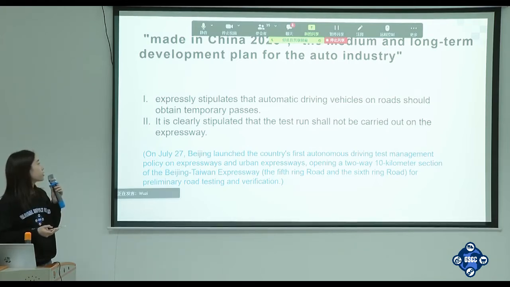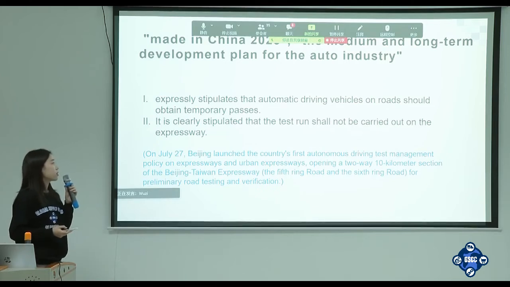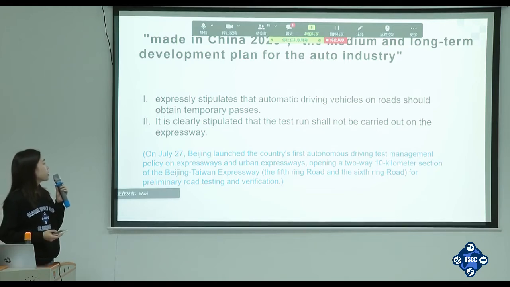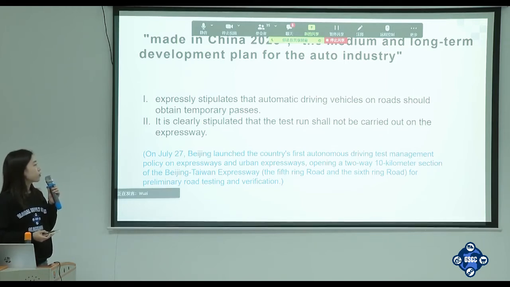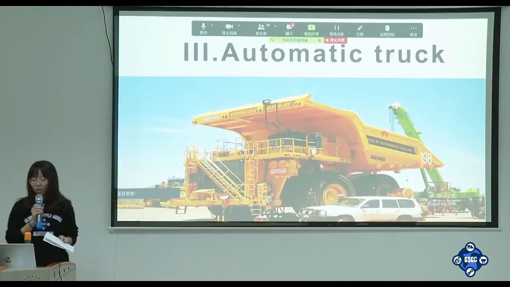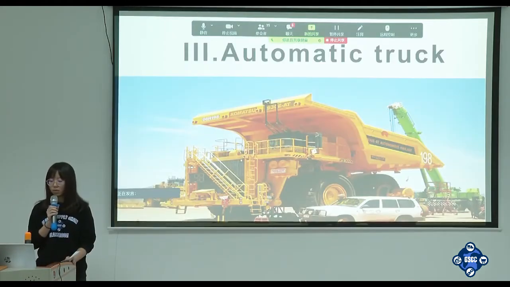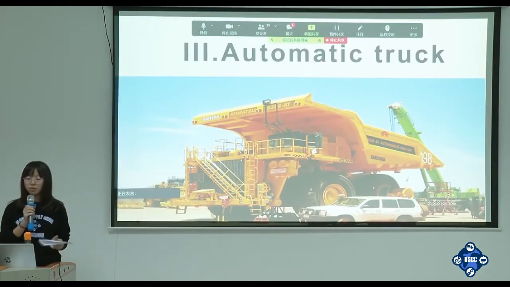The first one expressly stipulates that automatic driving vehicles on roads should obtain a temporary pass. The second clearly stipulates that the test run shall not be carried out on the expressway. The third part is the introduction of the laws and regulations of autonomous driving trucks.